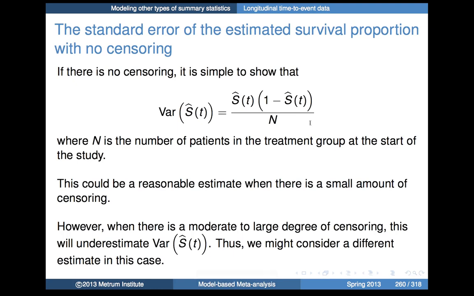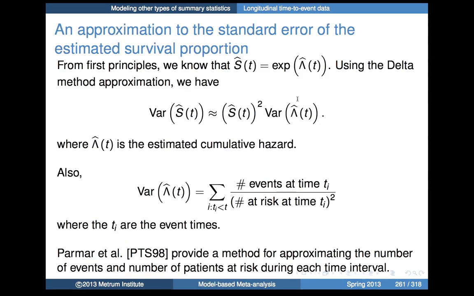And we almost always get this n, number of patients in each treatment group at the beginning of the study. And because we have Kaplan-Meier estimates of the survival curve, we could actually derive this variance. And if we take the square root of that, that gives us our standard error.